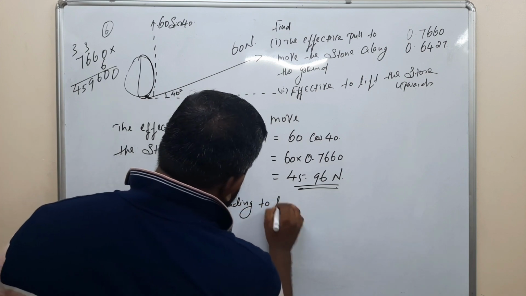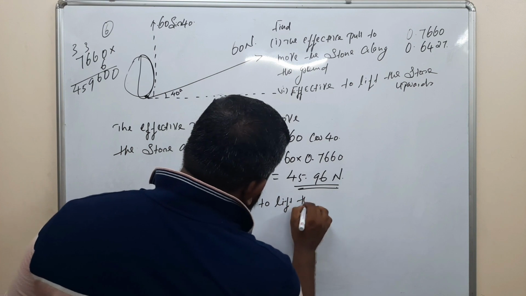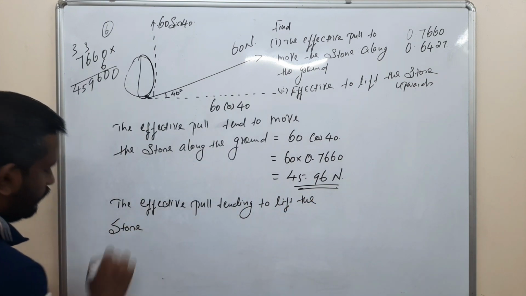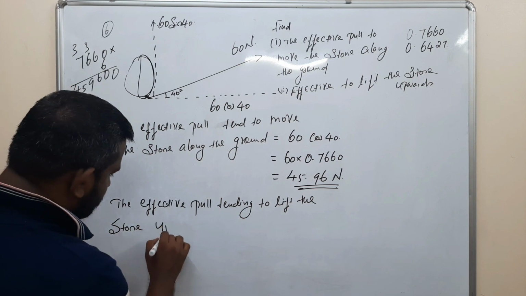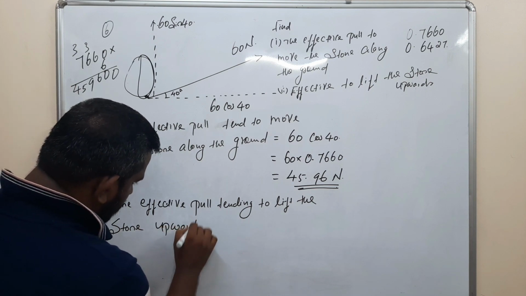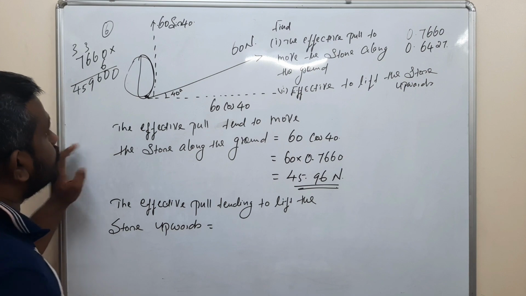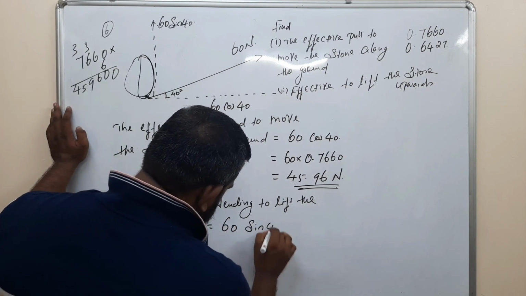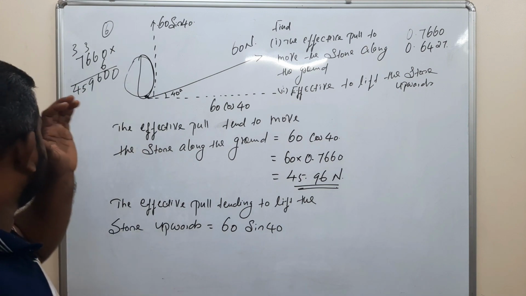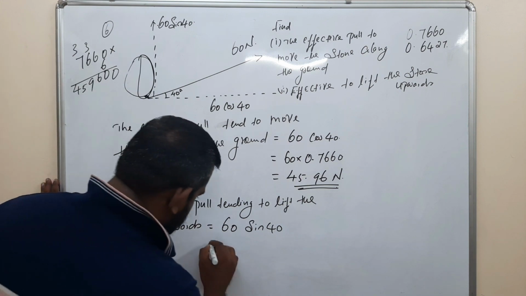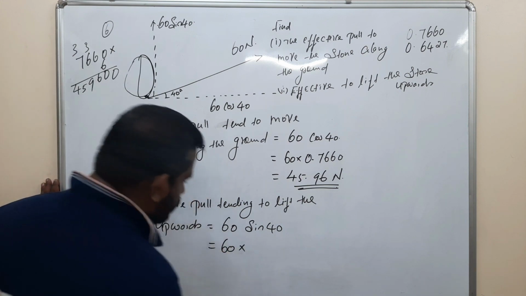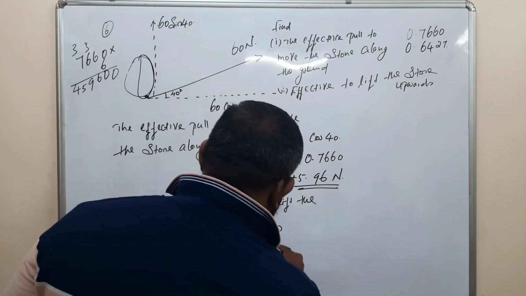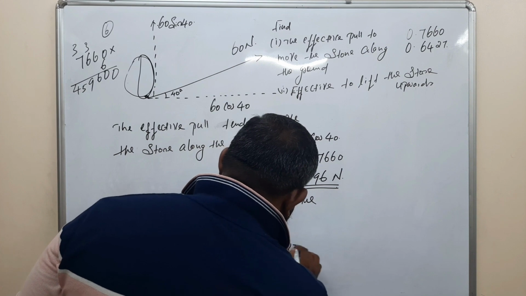Similarly, the effective pull tending to lift the stone upwards is equal to 60 sin 40. So that's equal to 60 into the sin 40 value, that is 0.6427.